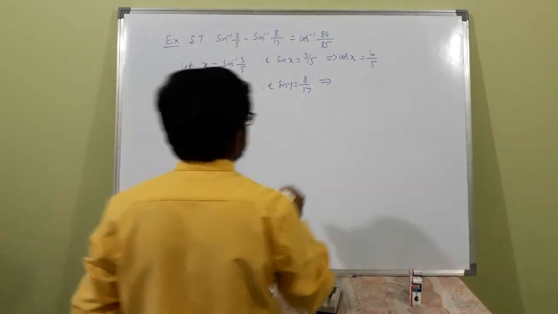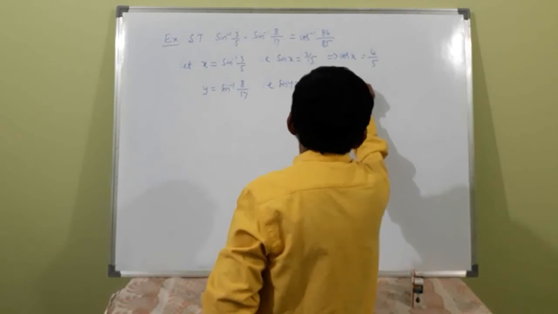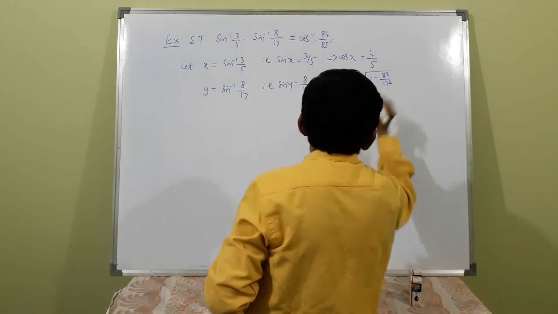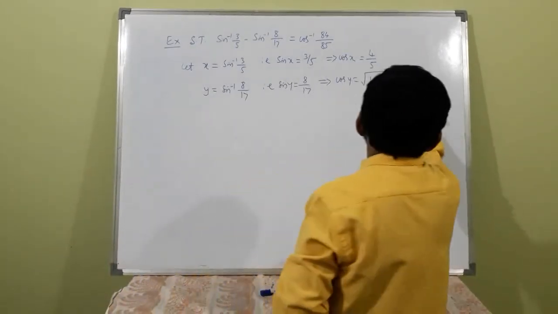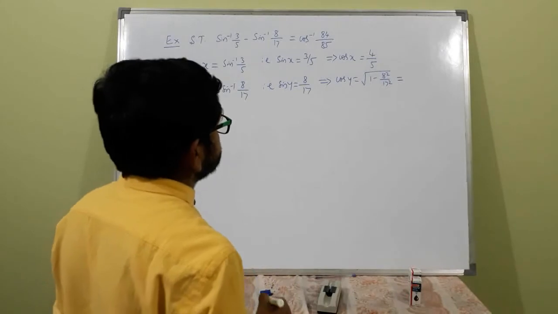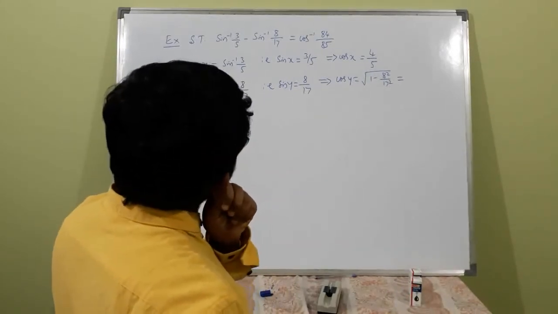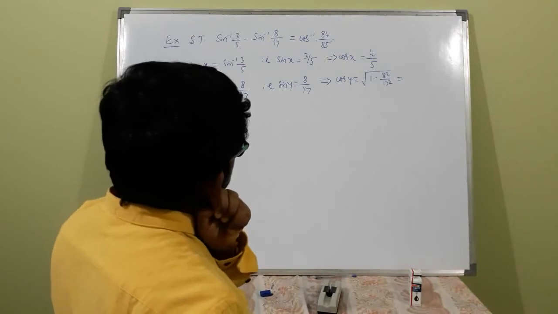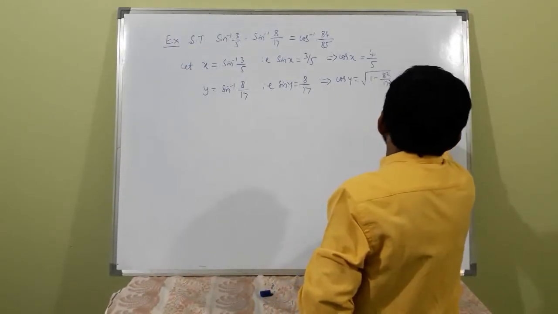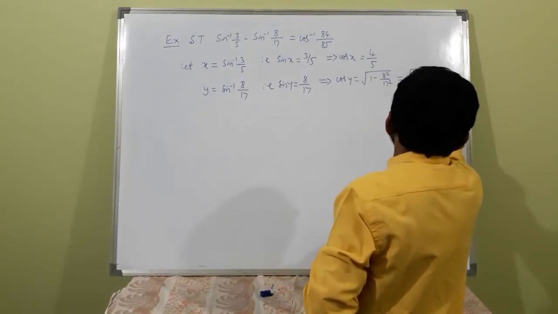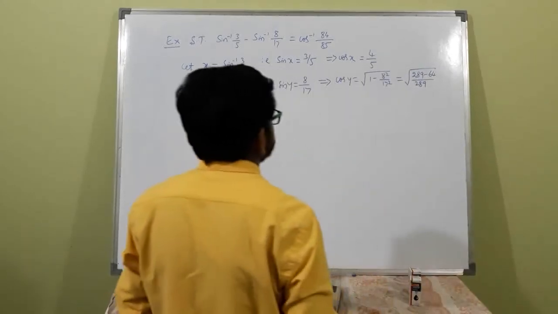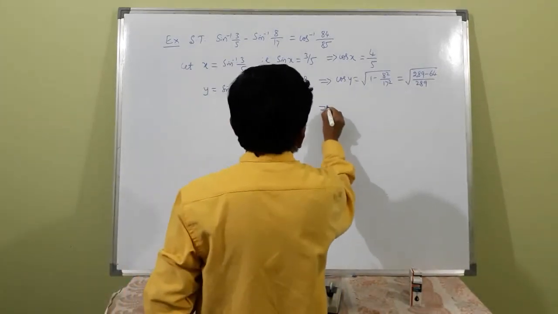This implies cos y is equal to square root of 1 minus 8 squared by 17 squared. 17 into 17 is 289, so 289 minus 64 divided by 289.